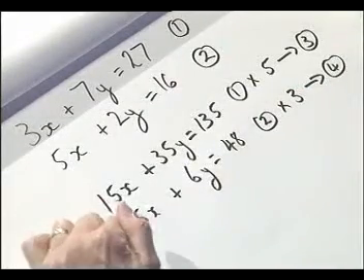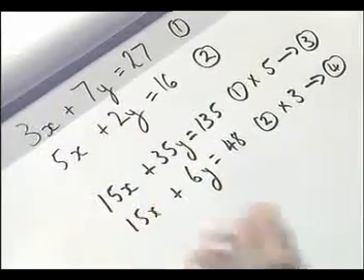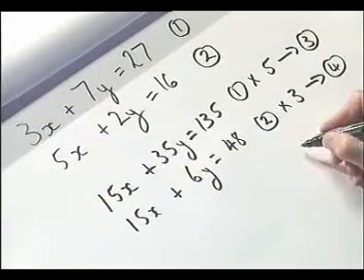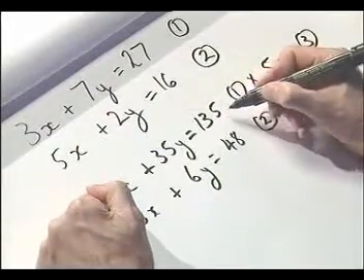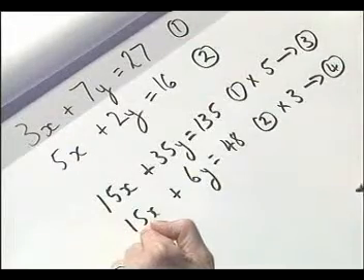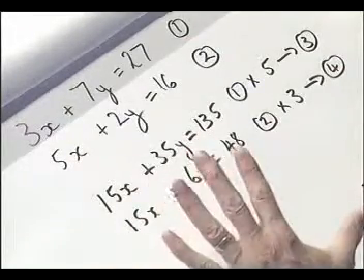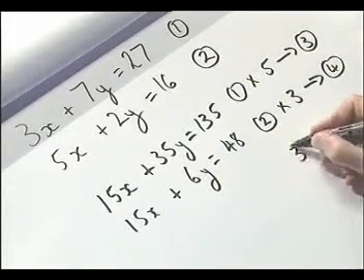These are now both 15x, and they're both plus 15x. So if I take this equation away from that equation, I'll have 15x minus 15x, no x's at all. I've eliminated the x, I'll just have the y's left. So let's do that.